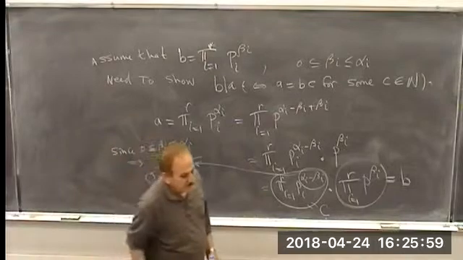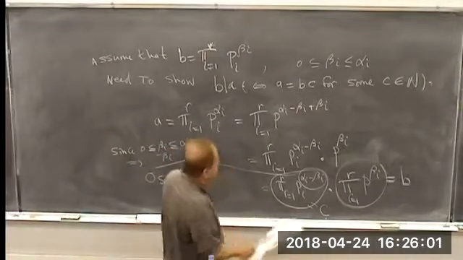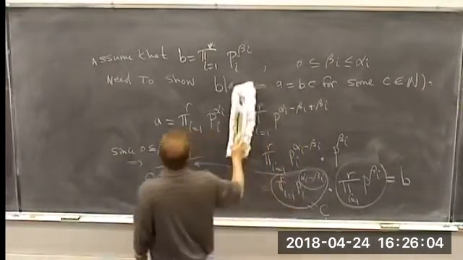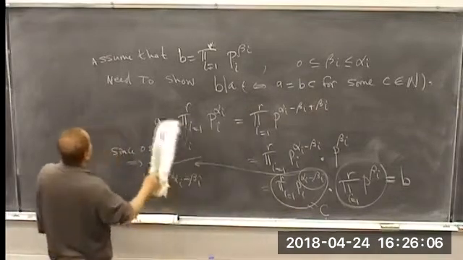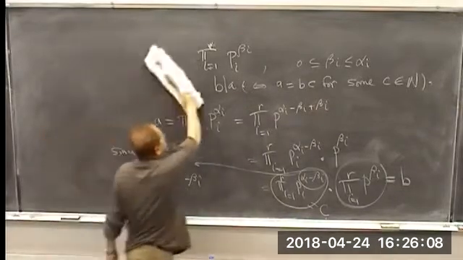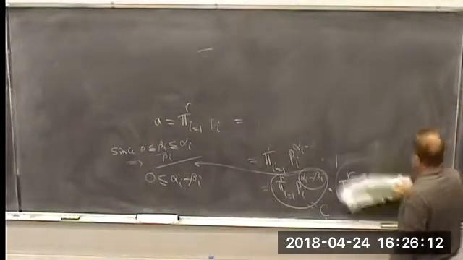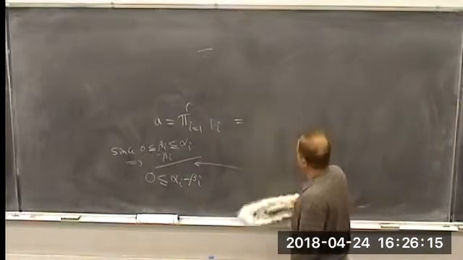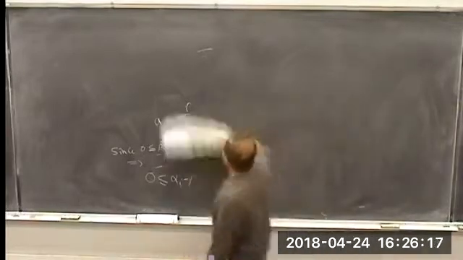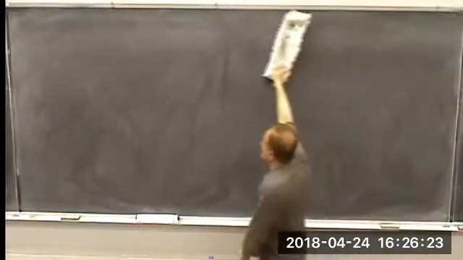Now the converse of this statement. Let's assume that B divides A, and I want to show that B has this particular form. Going this way as opposed to the proof.